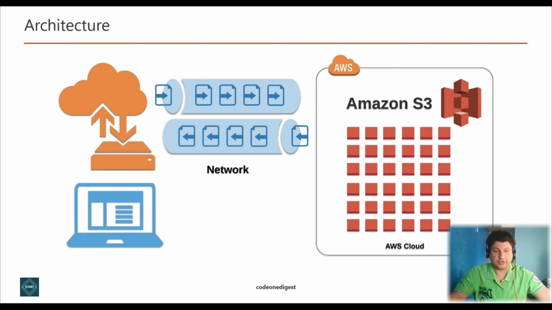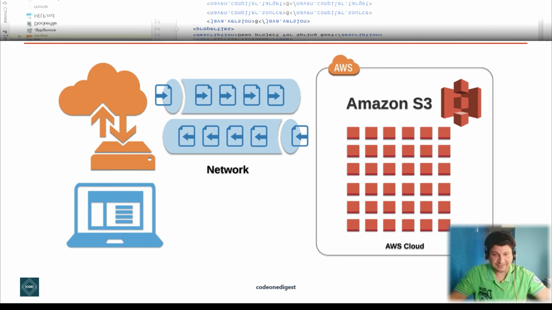But you can decide on your security settings whether you want to make it public or keep it private within yourself, within your subnet or within your network. So while creating an S3 bucket, you have to decide whether this bucket is going to be a public bucket or a private bucket. And then when you upload the file to that bucket, it will be accessible accordingly. So this is a very simple architecture of an S3 bucket. We upload the file and then we access it. In our scenario, we will also upload our jar file to the S3 bucket and then transfer it from the S3 bucket to our EC2 instance and then start our application.